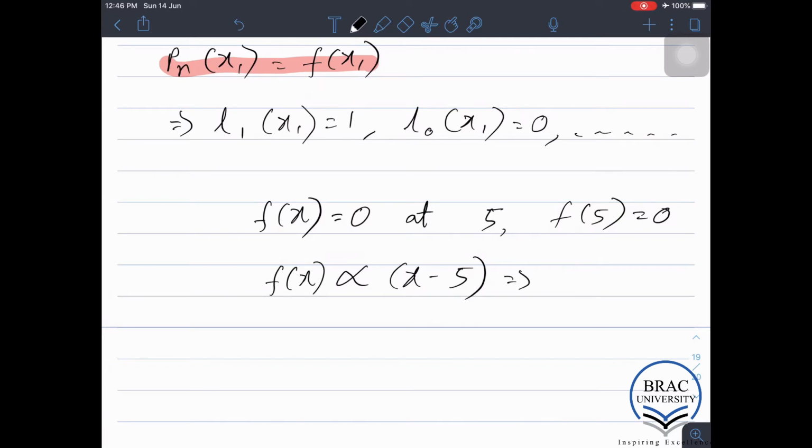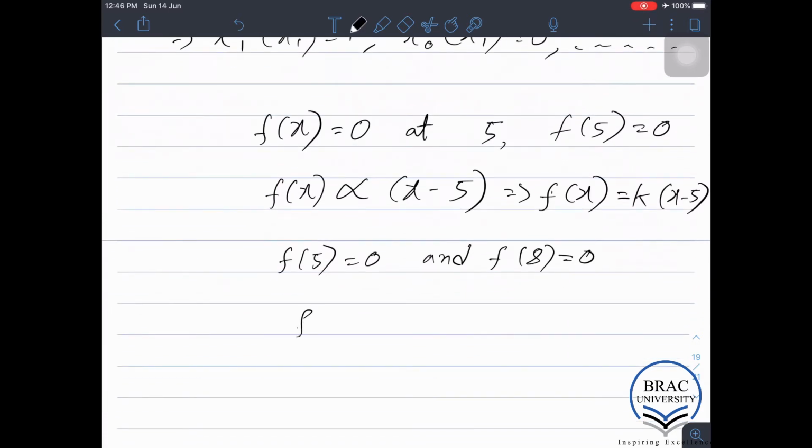Which implies that I can write f of x is equal to some constant k times x minus 5. Similarly, if both f of 5 is equal to 0 and f of 8 is equal to 0, let's say, then I can write f of x is equal to k times x minus 5 times x minus 8.